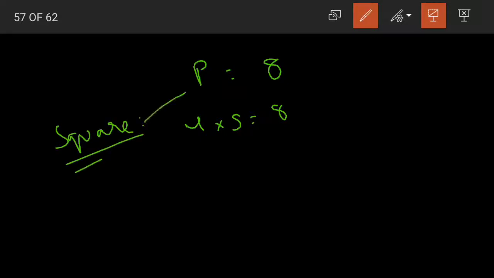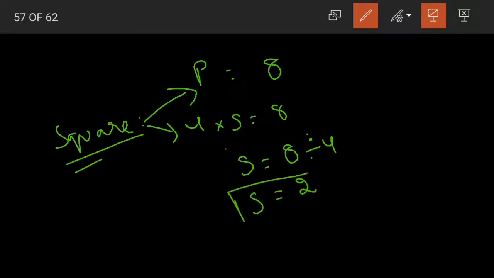Here they have given us in the question that the perimeter of the square is equal to 8 centimeters. How will we get perimeter? 4 into s is equal to 8. Here we are talking about the perimeter of a square. So the formula is 4 into s is equal to 8. Then what is s? s is equal to 8 divided by 4.